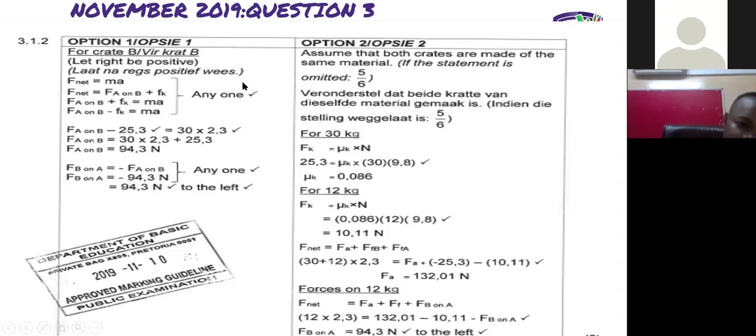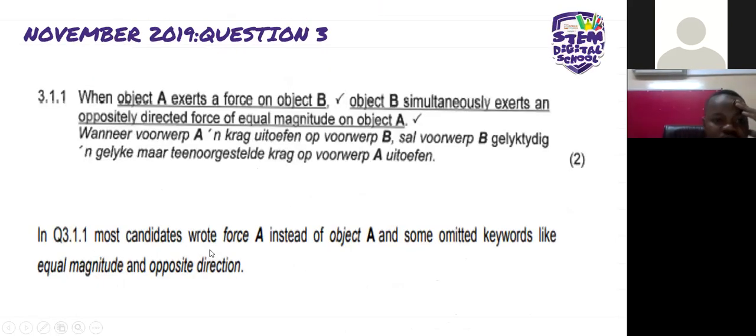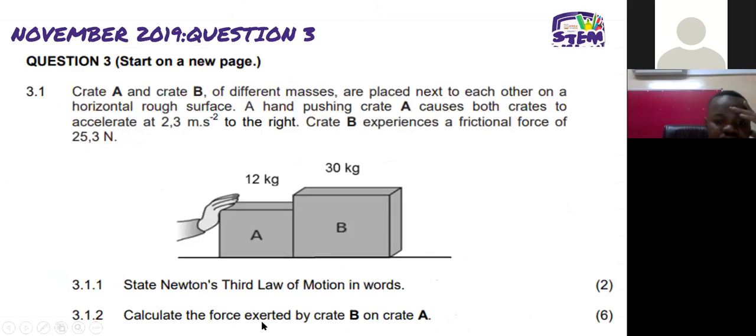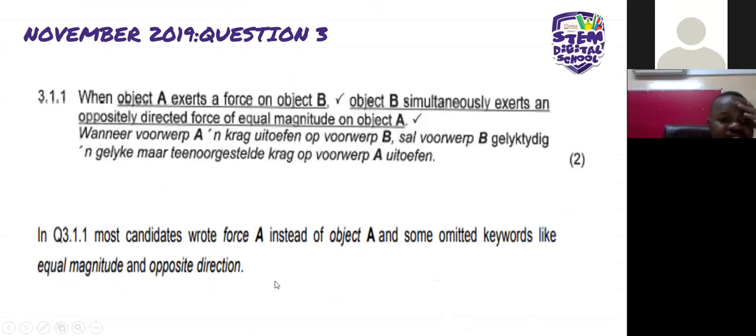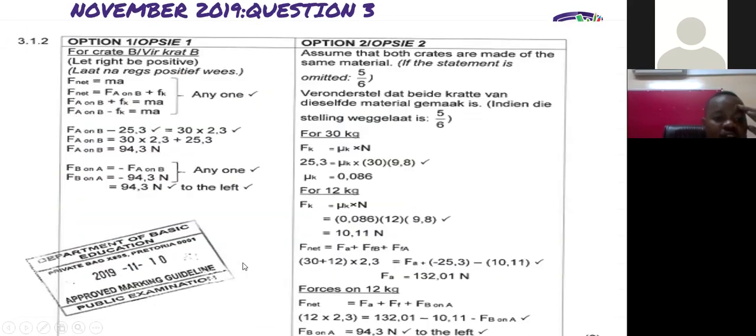Now, we are dealing with forces here, right? And remember, I want to calculate the force exerted by crate B on crate A. Now, if I want the force that is exerted by crate B on crate A, it means I am interested in the forces that are acting on crate A. Are we together?